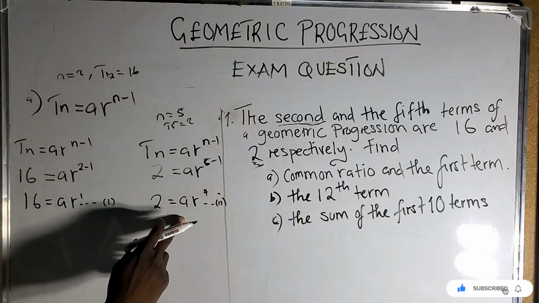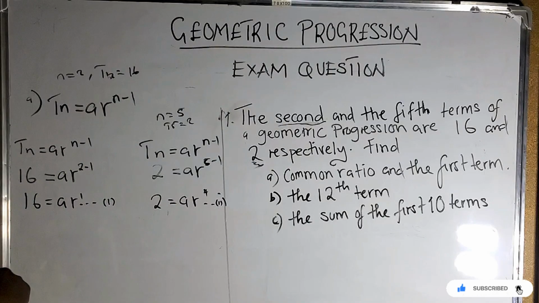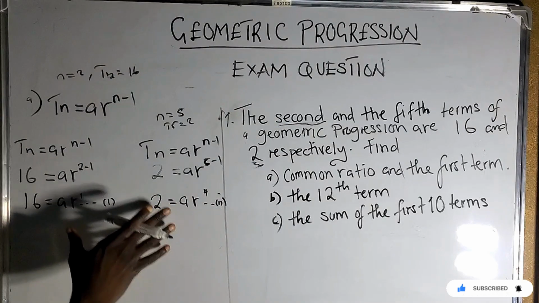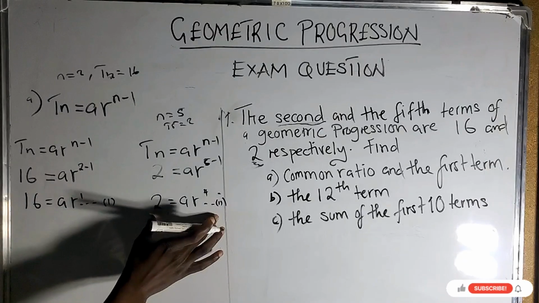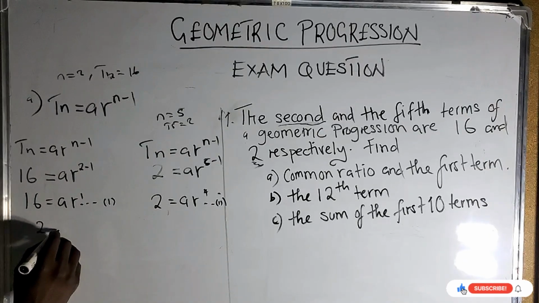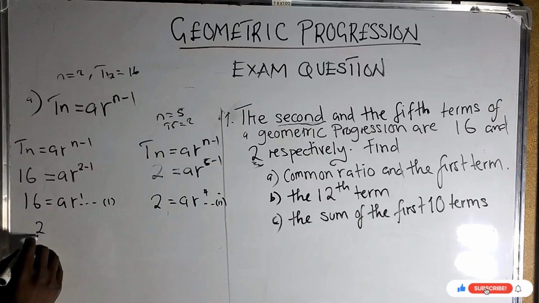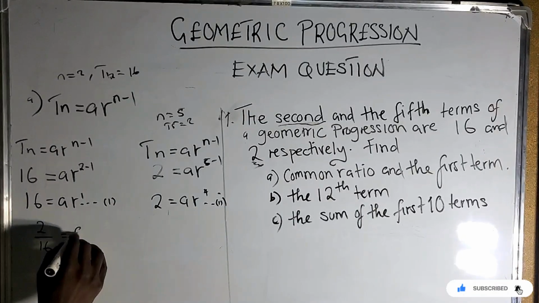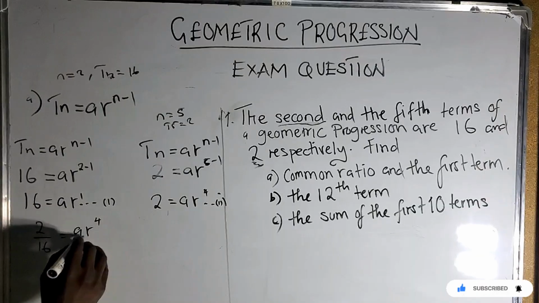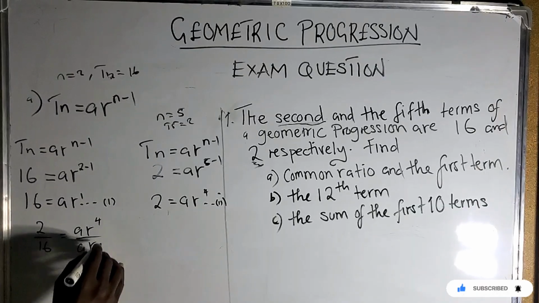the second term by the first term. How? This is the second term, so it will be 2 over the first term, which is 16, equals ar to the power 4 over ar.